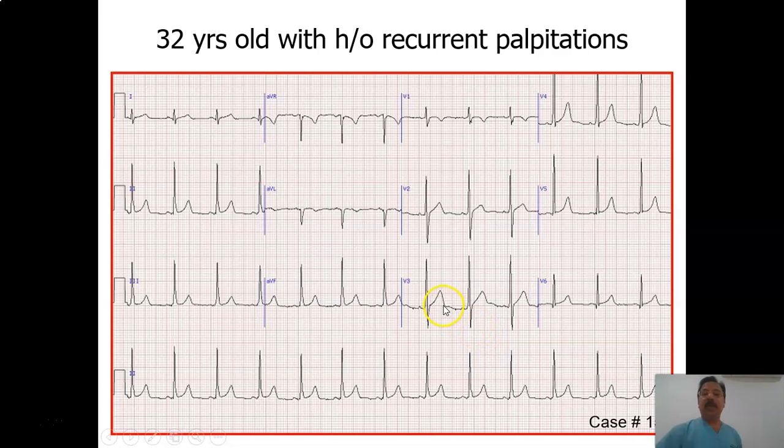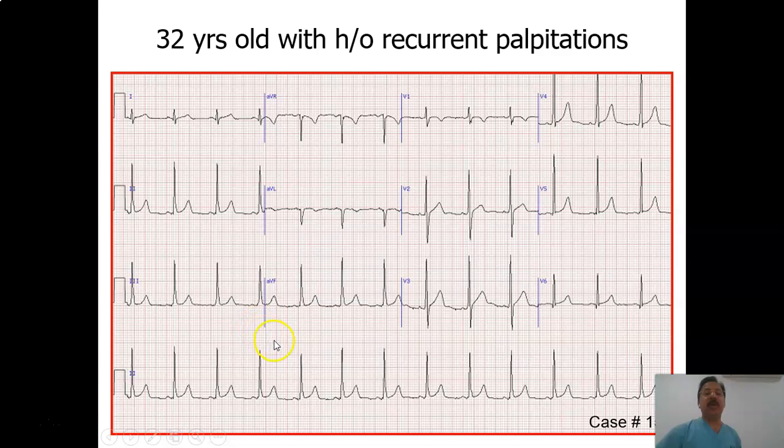ST segment elevation, no. Then why is this patient having recurrent palpitations? If we look carefully, especially at lead 2, there is a short PR interval and slight widening at the base, slight slurring. If you look at lead 3, slight slurring of the R wave.